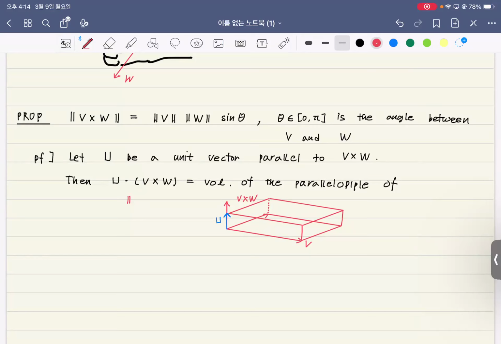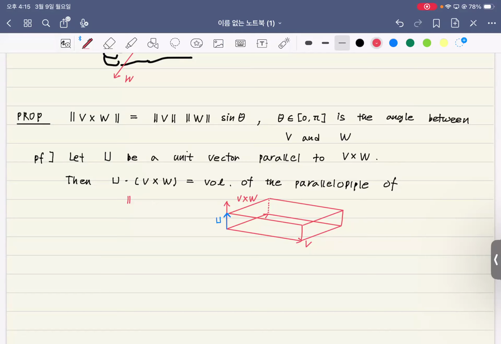So the volume of this would be the area of the base times the height. But the height is just one, since U is a unit vector, right? So the volume of this parallelepiped is the same as the area of the base.